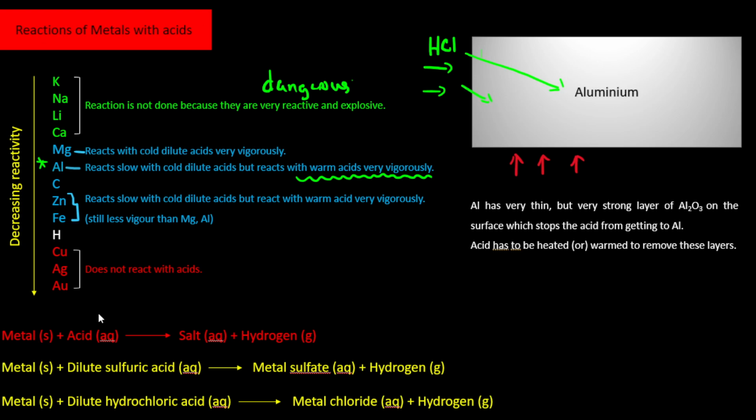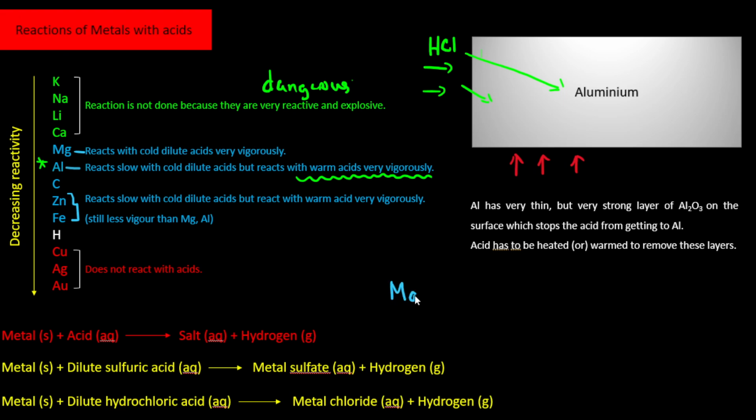Alright, so as for writing down the equation, whenever a metal reacts with acid, you will get a salt and hydrogen. For example, if it is dilute sulfuric acid, you will get a metal sulfate. If it is dilute hydrochloric acid, you will get a metal chloride. So let's write down one example here, magnesium.